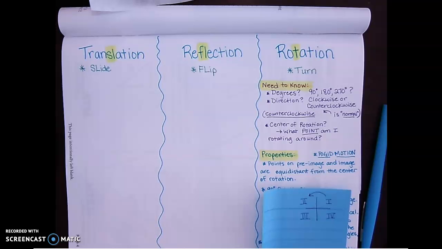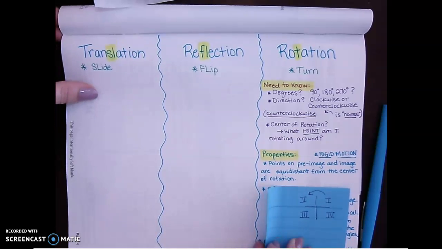We should have talked about by now that if you are performing a reflection, a triangle on the right side and the left side of the y-axis, for example, are the same distance from the y-axis. Okay, well, this is true for our rotations, where each individual point will be the same distance from the center of rotation. So it's just one of our properties to help make sure that we have rotated correctly.